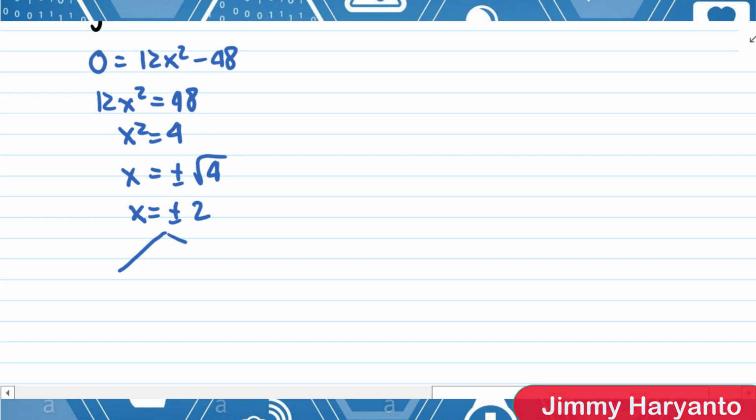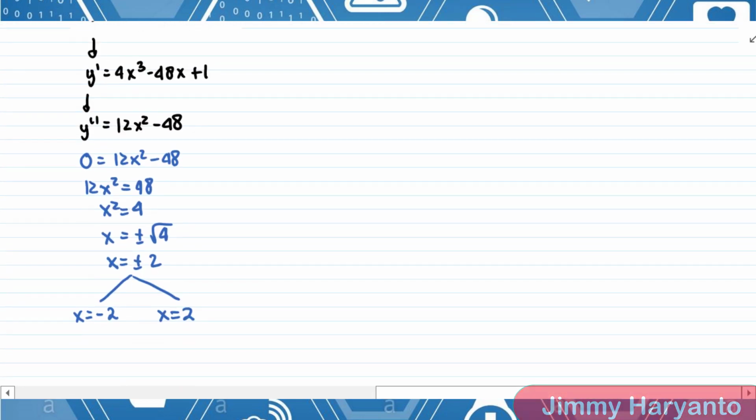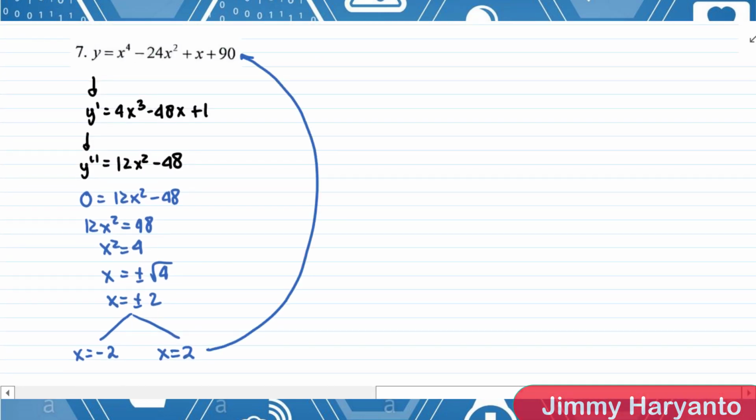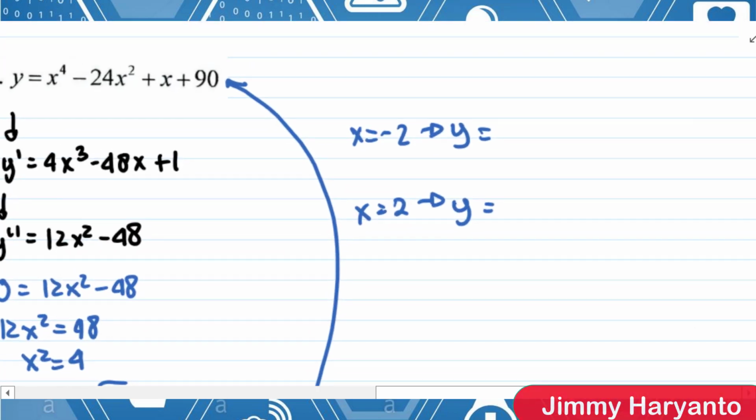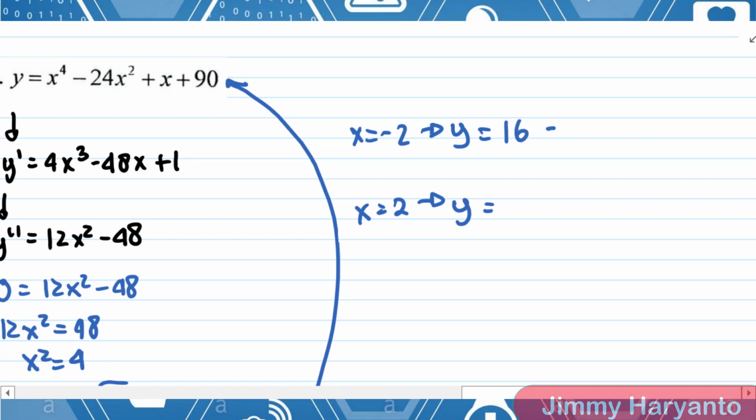So now we have two values of x, negative 2 and 2, and we can find the value of the y using substitution. For x equals negative 2, the value of the y will be 16 minus 96, minus 2 plus 90.